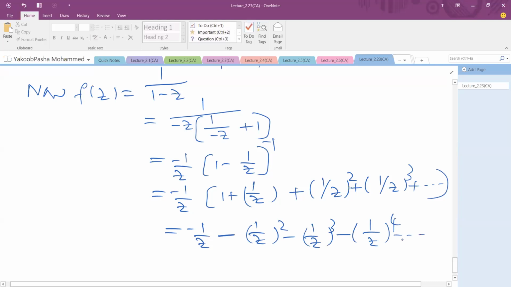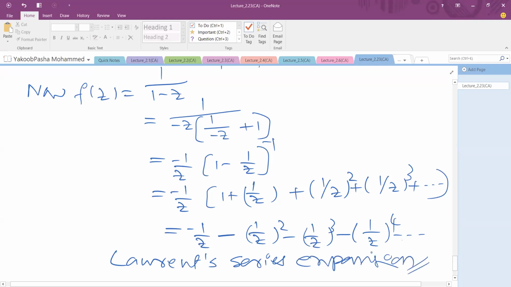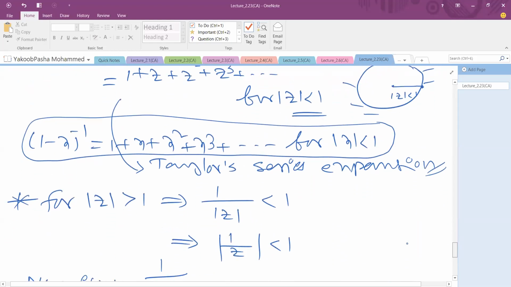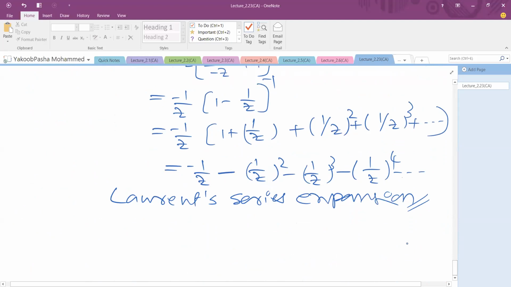And this expansion is called Lorentz series expansion. ఈ డిఫరెన్స్ ఏంటంటే లారెన్స్ సిరీస్ లో నెగటివ్ టర్మ్స్ ఉంటాయండి, z⁻¹, z⁻², z⁻³. అదే టేలర్ సిరీస్ లో ఏమో పాజిటివ్ టర్మ్స్ మాత్రమే ఉంటాయి, 1 + z + z² + z³ అండ్ సో ఆన్. ఇలా మనం ఎక్స్పాన్షన్ చేసేటప్పుడు జాగ్రత్తగా చేసుకోవాలి. లారెన్స్ సిరీస్ లో అడుగుతున్నాడా, టేలర్ సిరీస్ లో అడుగుతున్నాడా చూసుకొని ఎక్స్పాన్షన్ చేసుకోవాలి.